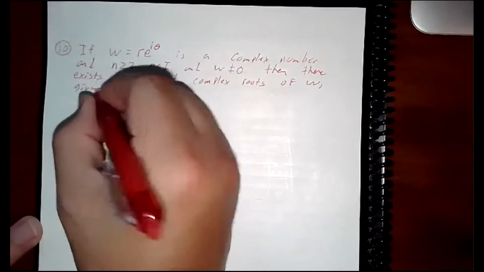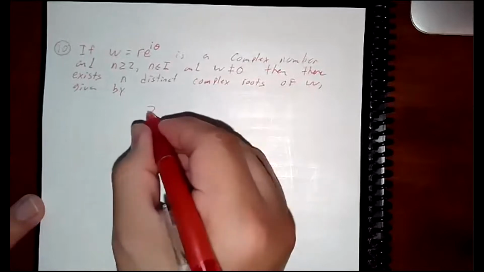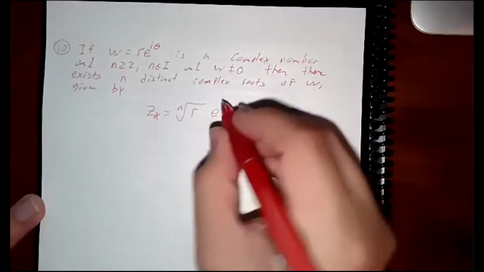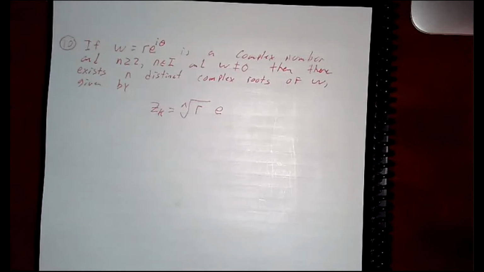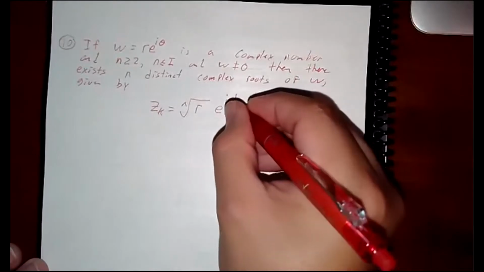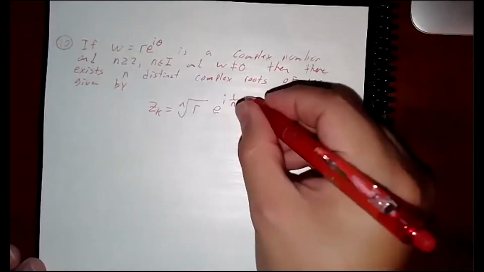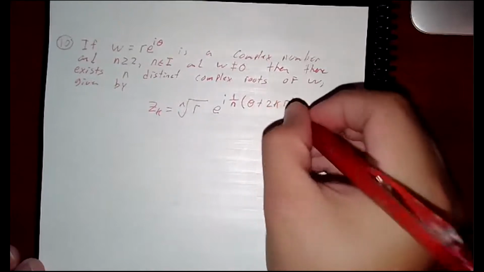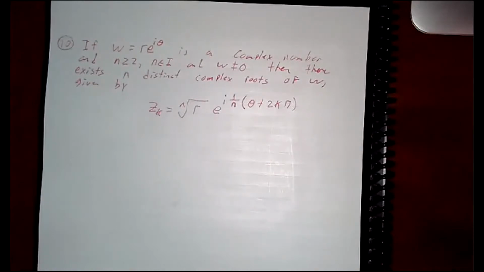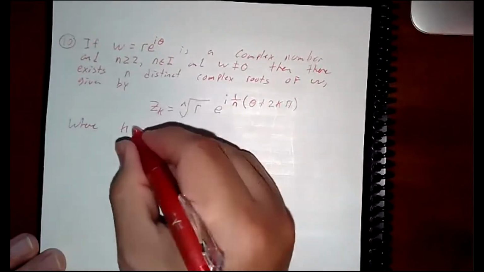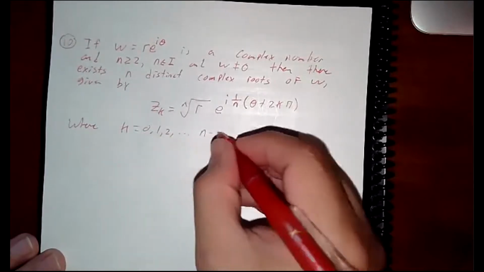Given by the following. So z sub k is equal to the nth root of r times e to the i times 1 over n times (θ + 2kπ), where k is equal to 0, 1, 2, all the way to n minus 1.